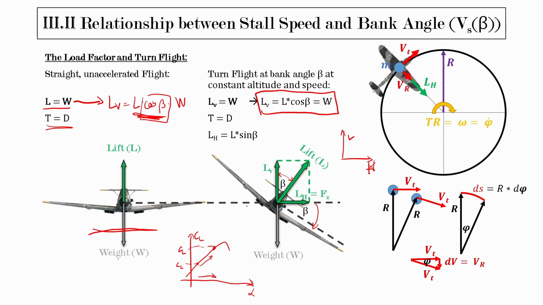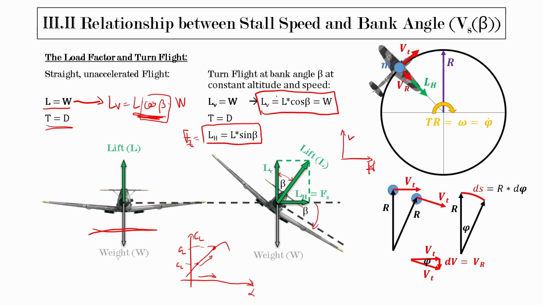Now, as I said, this is something that most of you probably do subconsciously anyway, but now you know the reason why. Okay, so now that this is squared away and we found a way to calculate the vertical lift component, we can also find a way to calculate our centripetal force, which is simply sine beta times lift.